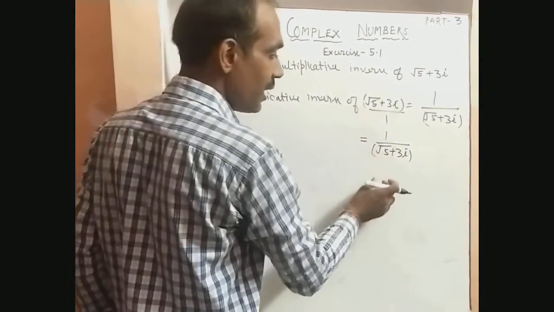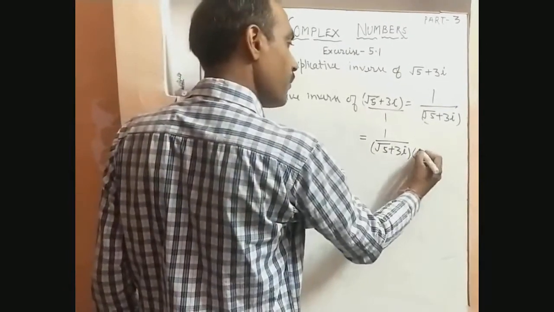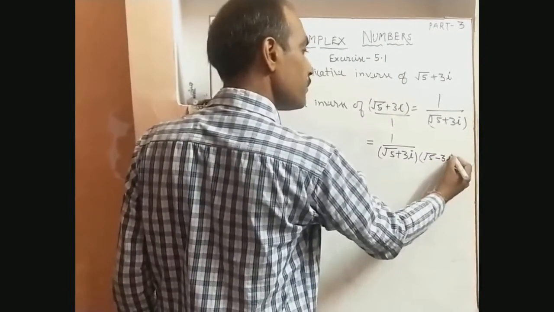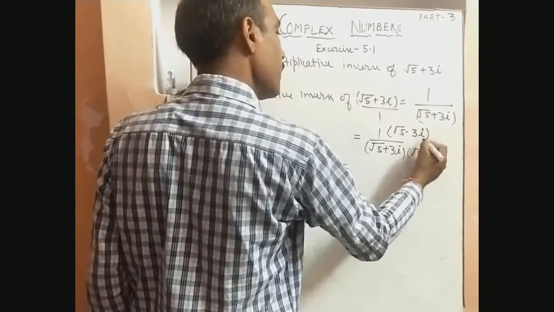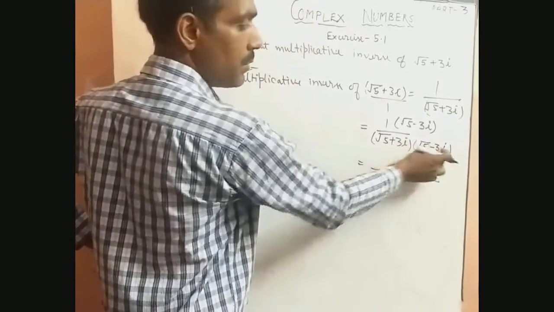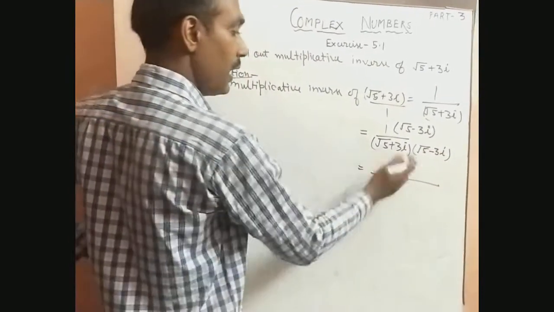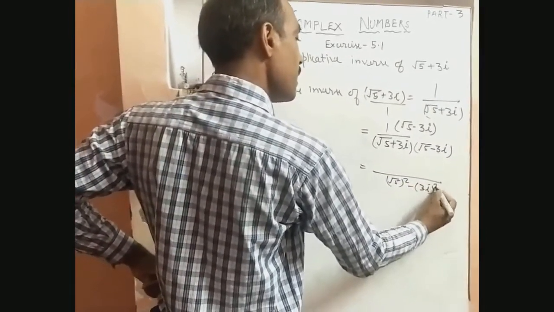Then its conjugate will be root 5 minus 3i. Here use the formula (a plus b)(a minus b), equal to a square minus b square, that is root 5 square minus 3i square.